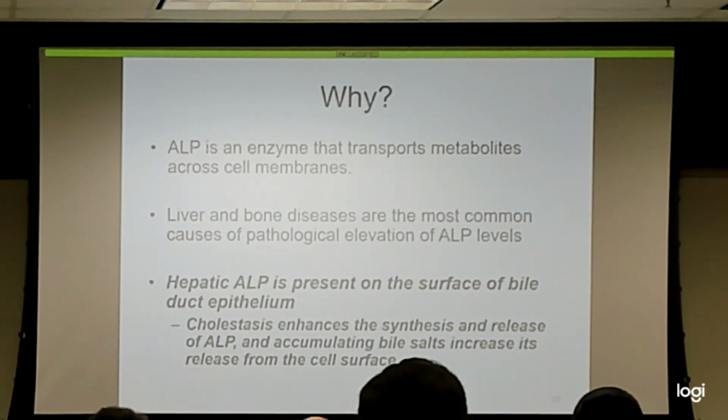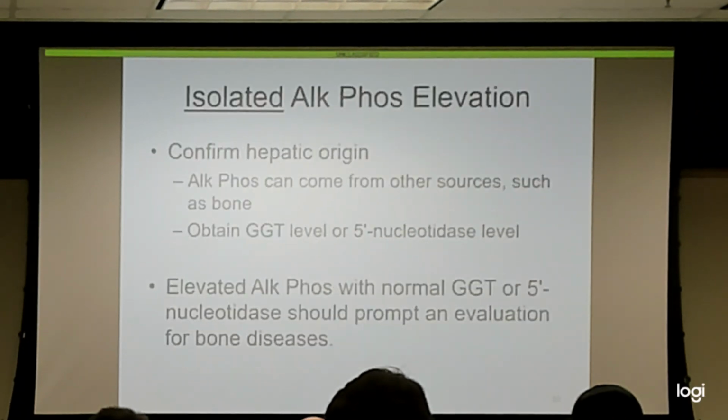So ALP, or alkaline phosphatase, is an enzyme that transports metabolites across the cell membrane. Liver and bone disease are common causes of pathologic elevations. Hepatic ALP is present on the surface of bile duct epithelium. Cholestasis enhances the synthesis and release of ALP, and accumulating bile salts increase its release from the cell surface.